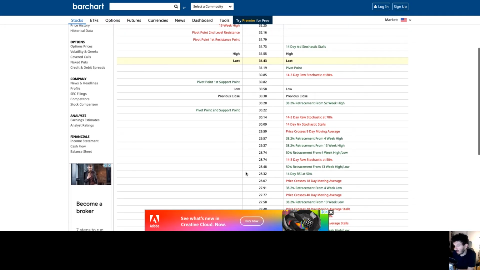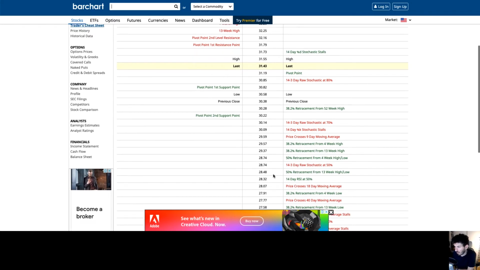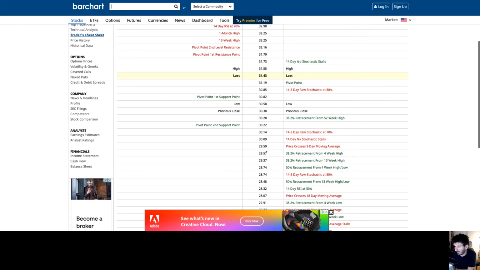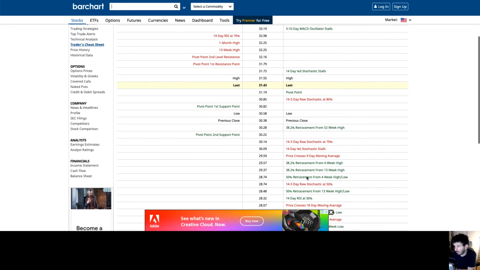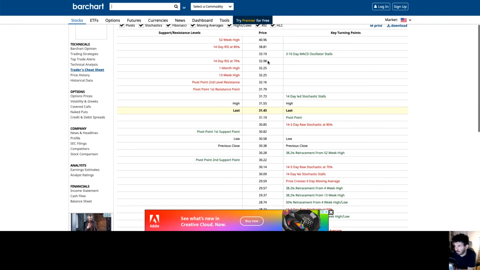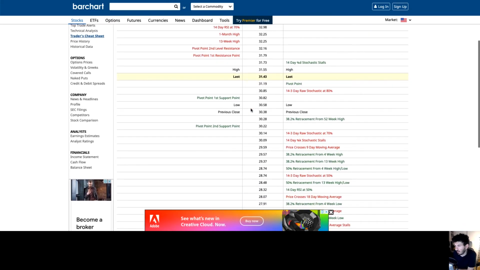So I can see that if it would drop now to 28.32 from the current last, that would be oversold. If it will hit 32.98, it will be considered overbought.